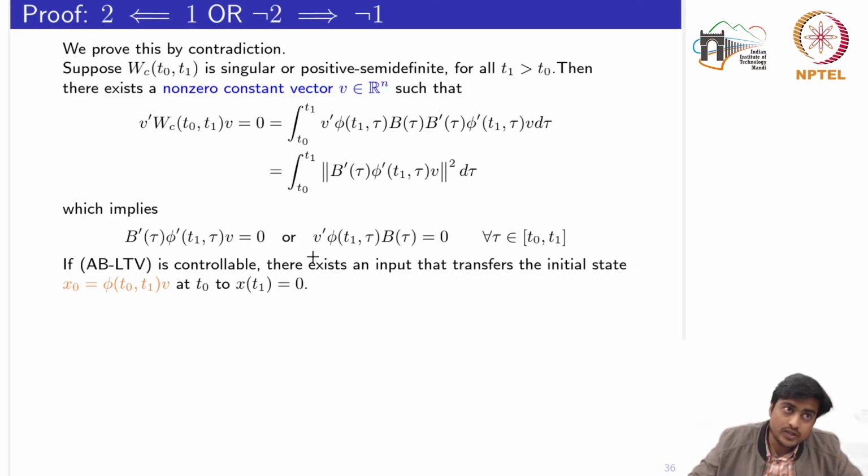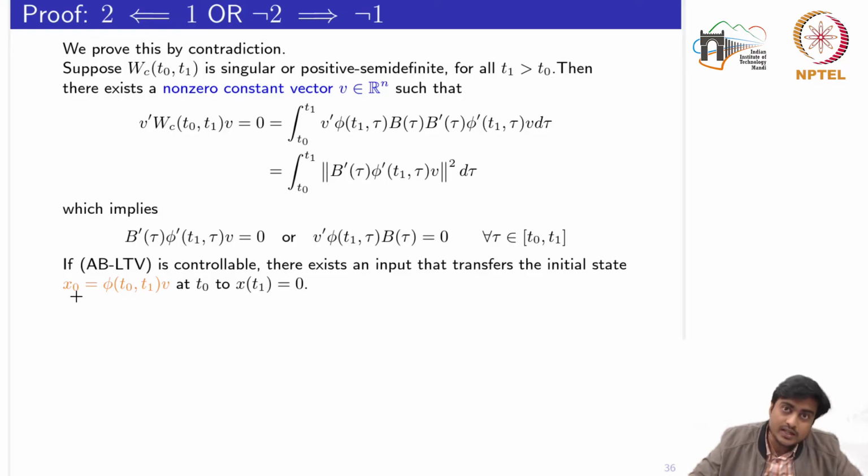Now we want to prove this by contradiction, saying that if the system were controllable, then given any initial state which is specified here in terms of the state transition matrix and the non-zero vector, we know already that this phi is not 0 and this v is not 0.